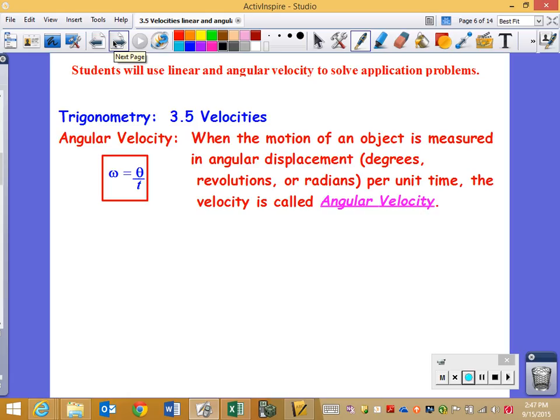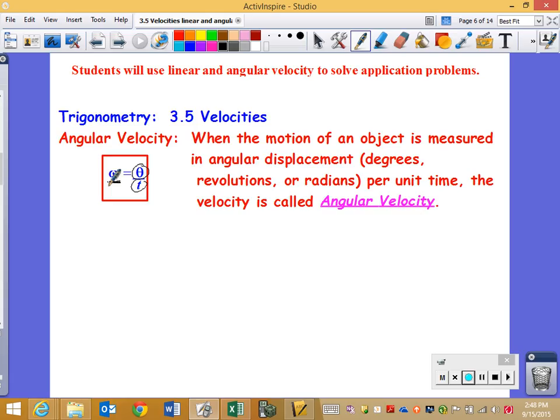So angular velocity, what we just talked about: we took the angle theta and divided it by however much time we were dealing with. We had 2 pi radians per 20 minutes, or however many seconds, or however much time we're dealing with. We call the angular velocity omega. That's not a W, it's an omega.